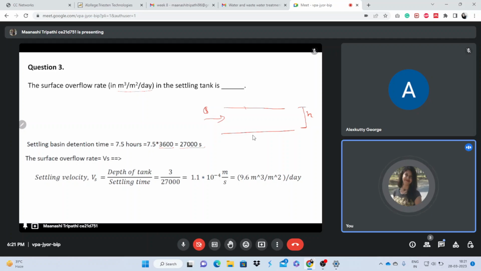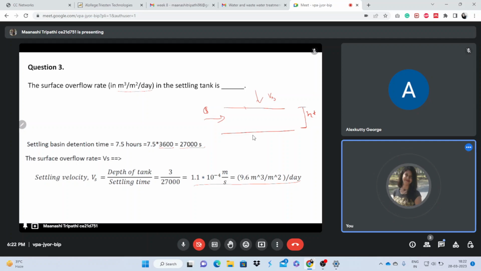We need to calculate the surface overflow rate, velocity Vs. It can be calculated from the depth and the time to travel this depth, because we have been given the settling time. So this is your answer, 9.6 meter cube per meter square per day.